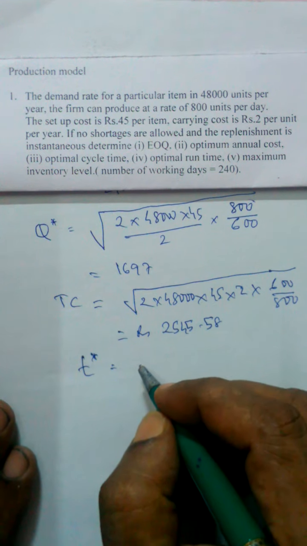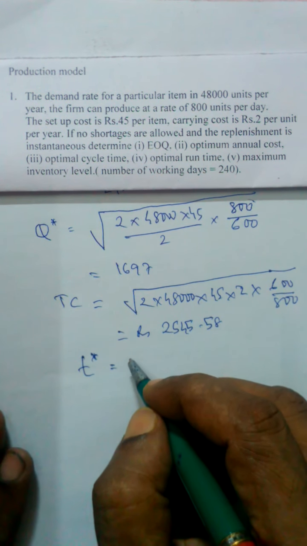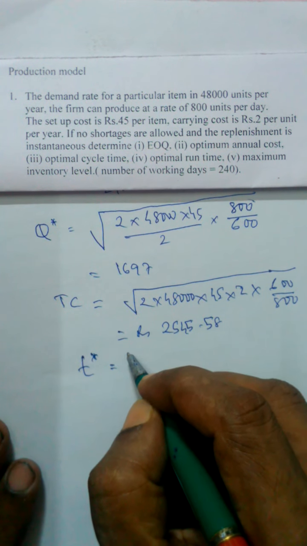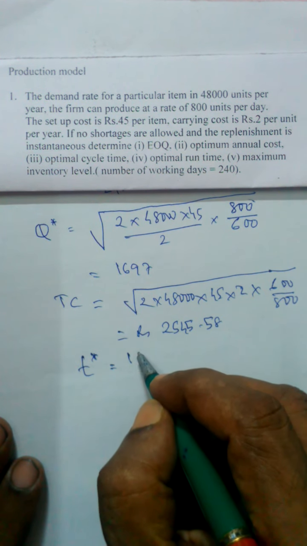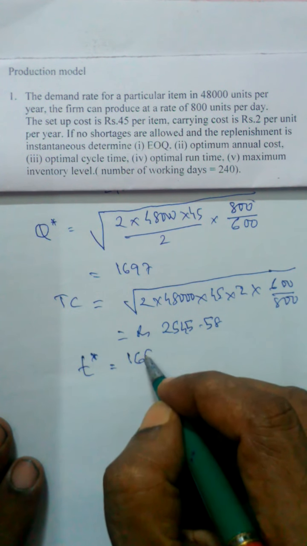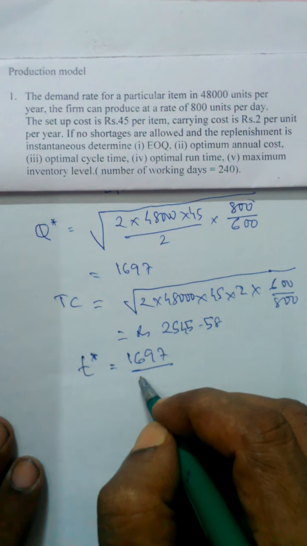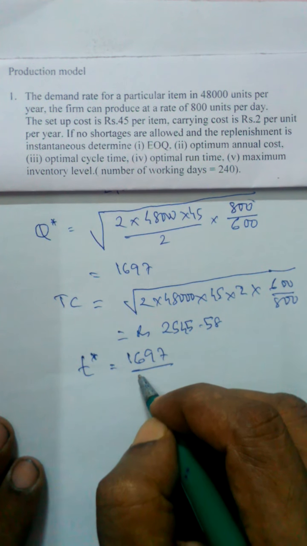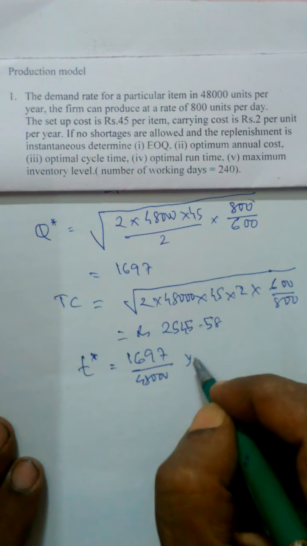Now the next one is the total time, the frequency of building the order, that is Q star by D. D is annual, so this will be annual. If you take it daily, it will be Q star 1697 divided by the daily demand, small d. If you want to take annual, then take capital D, which is 48,000, but this will be in years.